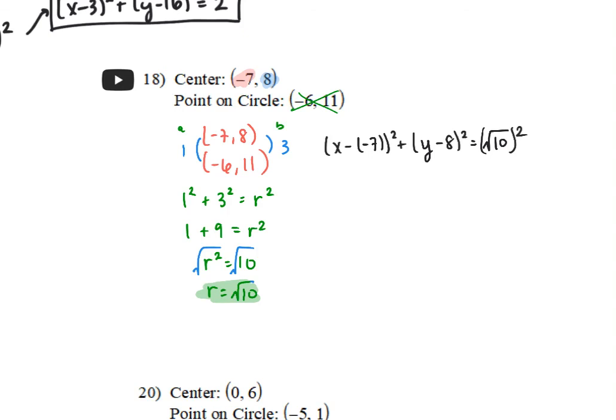So I just plugged in h for h, k for k, and r for r. Okay, so x minus -7 is x plus 7. y minus 8 squared, and the square root of 10 squared is just 10.